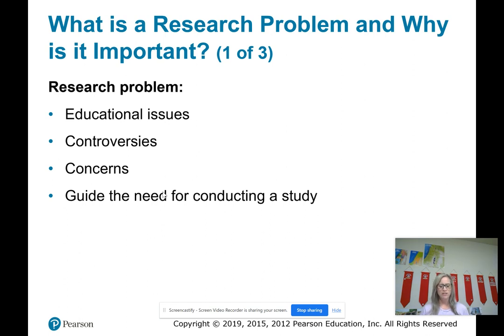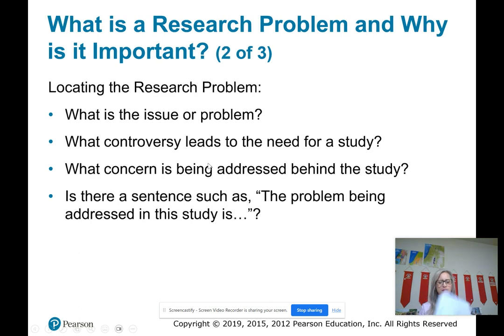So, what you do as an author, you state that research problem as a single sentence or several shorter sentences in your report. And that's just the research problem. That's not your statement of the problem paragraph, okay? Just the problem statement. So next, you're going to learn how to locate where a research problem is in the articles.